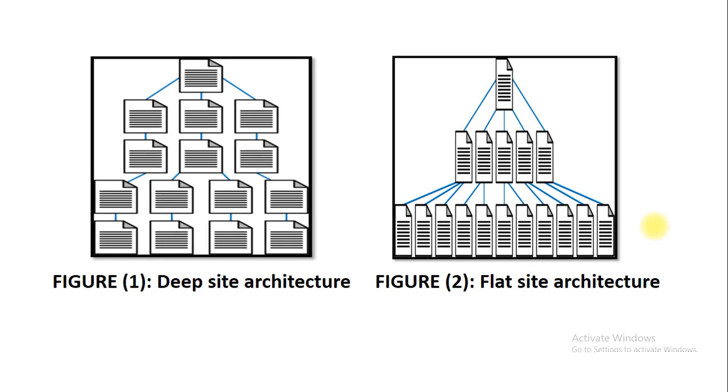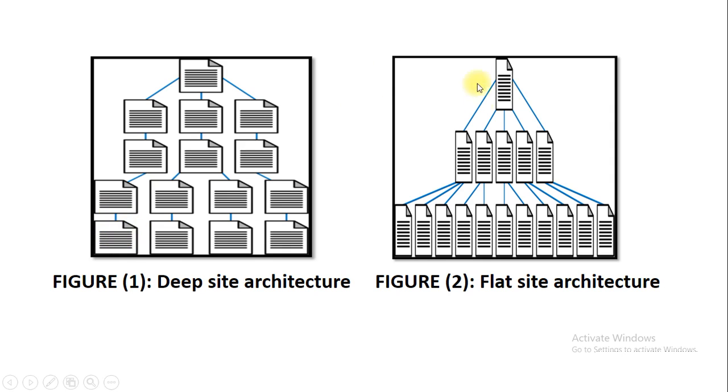You can understand this by the figure. Suppose I want to reach this particular page. In those cases I need to perform 5 different clicks to reach the given content page.